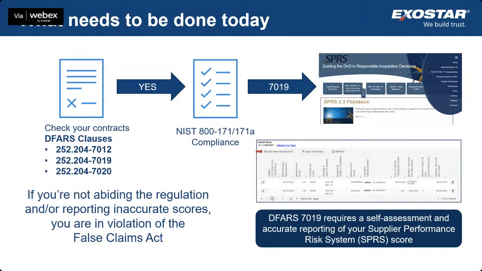There are 110 controls across 14 control families that tell you what you've got to do to protect that information. 171 Alpha provides a guideline for you to assess how you're doing against those compliance requirements. 171 Alpha will basically allow you to do that self-assessment and score yourself. And that score is what you then enter into the SPRS system if you have that 7019 clause within your contract.